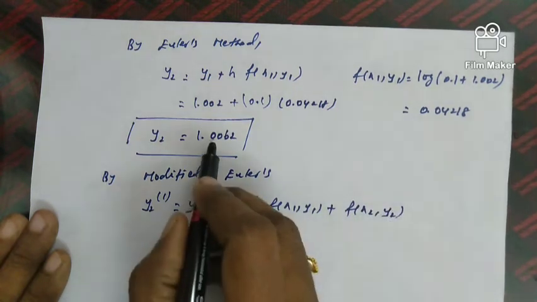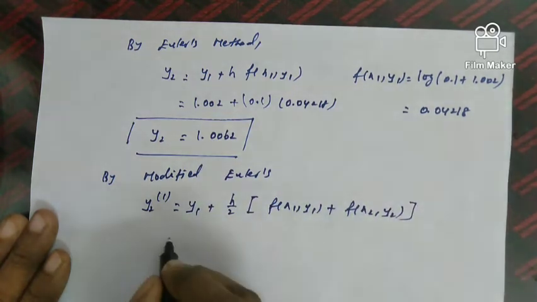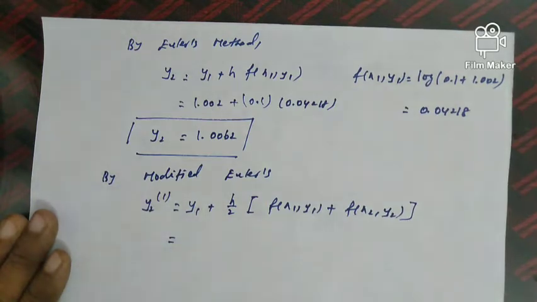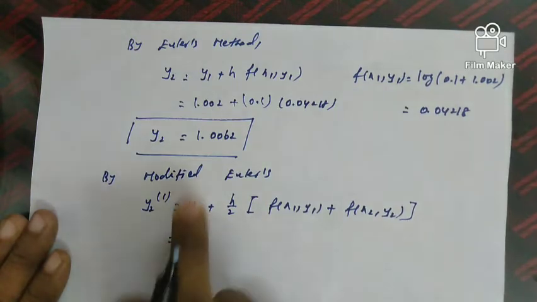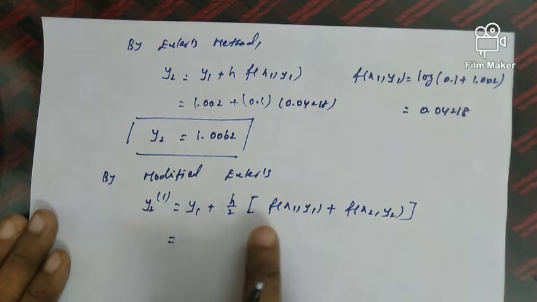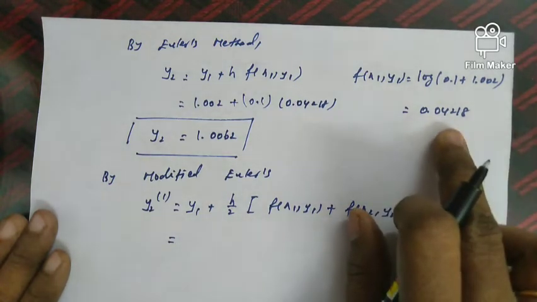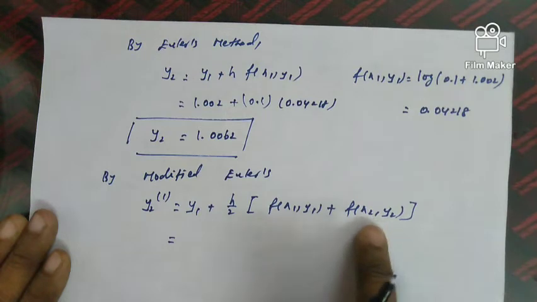Here y1 is 1.002 and f of x1, y1 is 0.04218. f of x2, y2 is the value we are supposed to find.